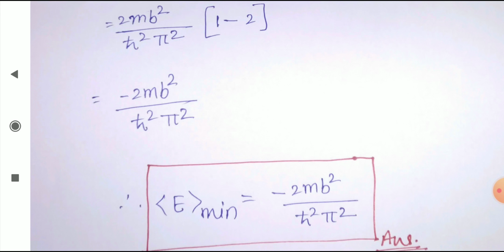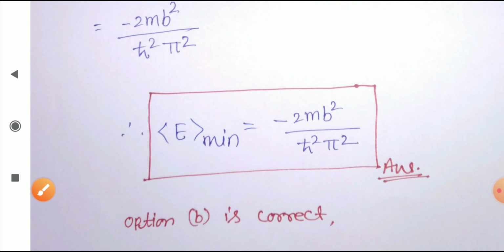And you know that the expectation of Hamiltonian is equal to the total energy. So this derivation of Hamiltonian we have done to get the minimum value of this energy, that is to minimize the value of expectation of H. Clear? So we have got the minimized value of E, that is the ground state energy.